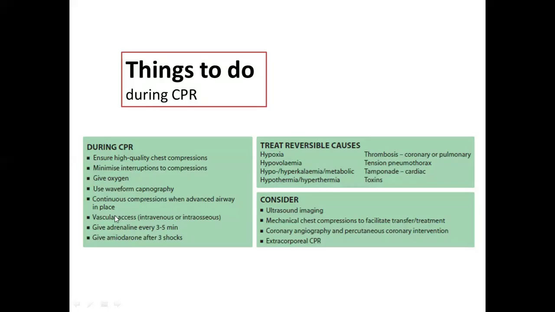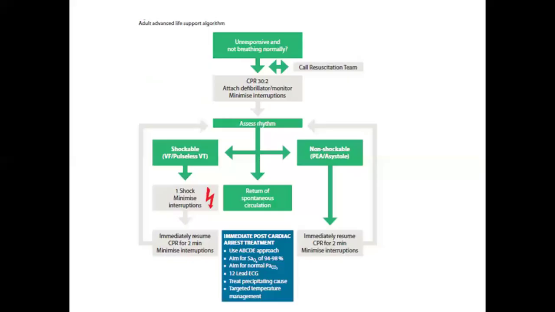And yes, we should put in good vascular access and give adrenaline every 3 to 5 minutes, and amiodarone after the third shock. So this may be new to you. I'm going back to the previous algorithm. Where should you give adrenaline?